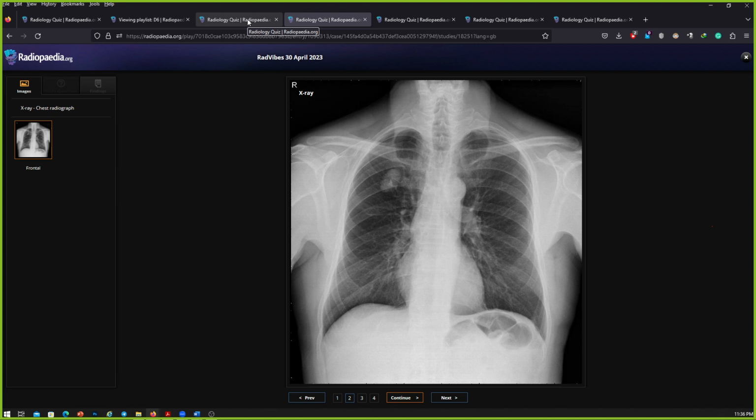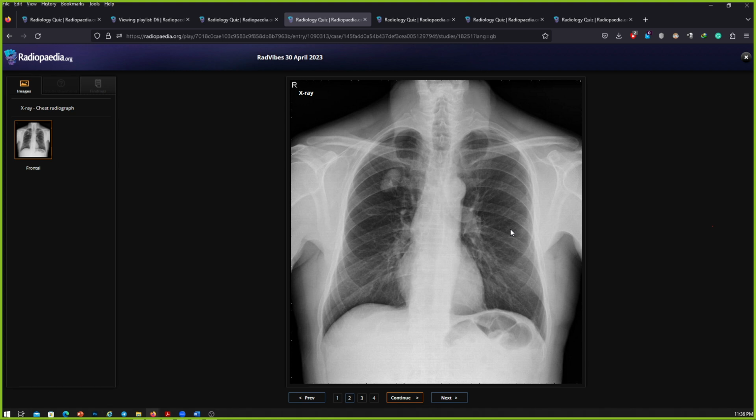There is another well-defined opacity in the left upper lobe close to the aortic knuckle. Where in the left upper lobe? Could you point it out to us? Sorry, not left, in the middle, this one. Left middle lobe here? No, I'm saying that it's close to the aortic knuckle, this one here, in the hilar region.